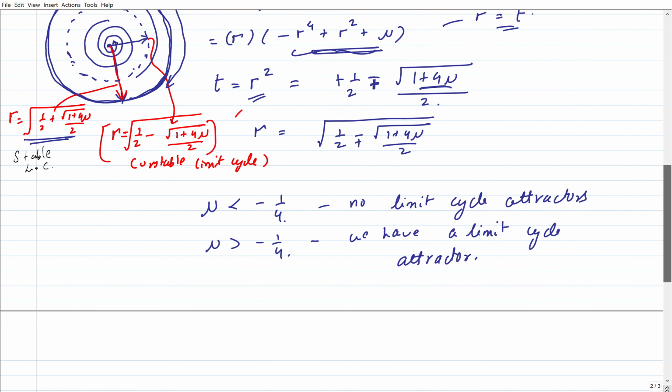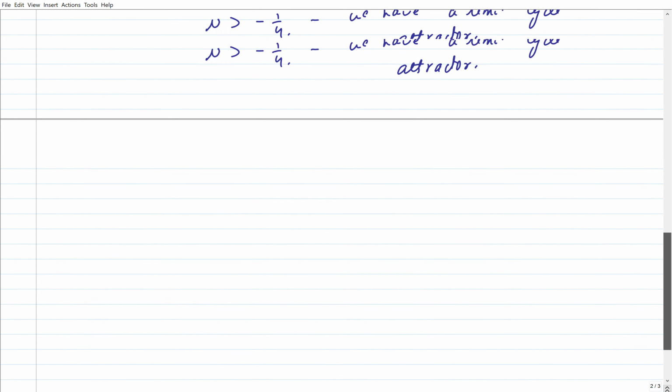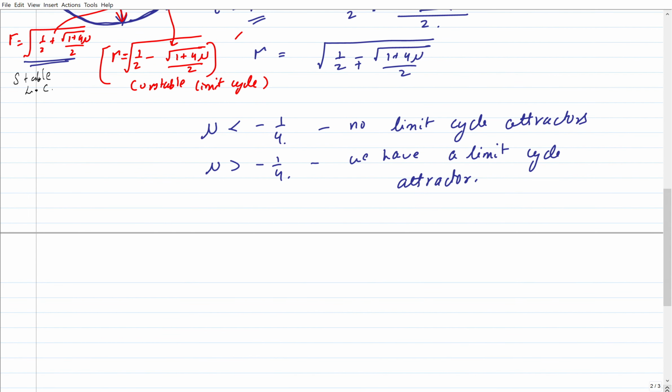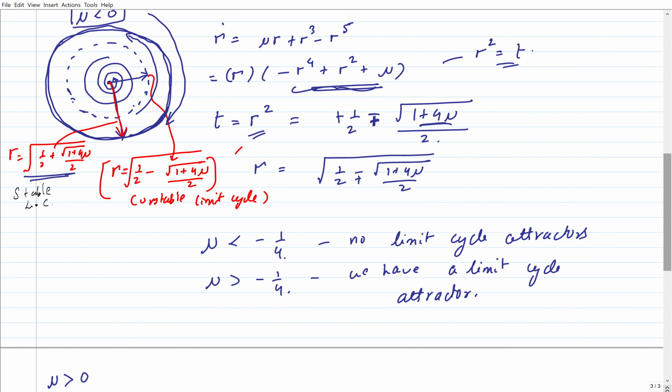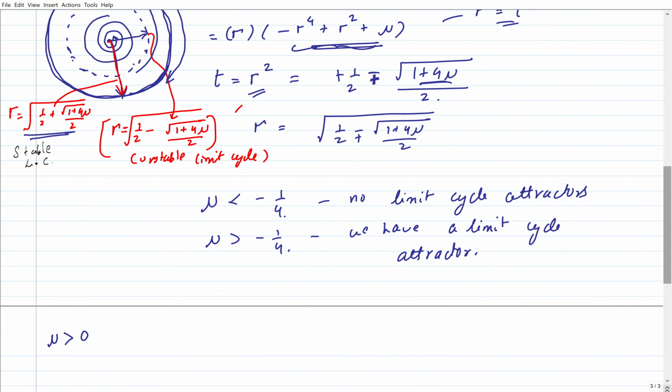Now for mu equals 0, what's going on is the following. Or maybe we just look at mu greater than 0, that will be more clear. For mu greater than 0, the outer limit cycle is the only stable attractor in town.